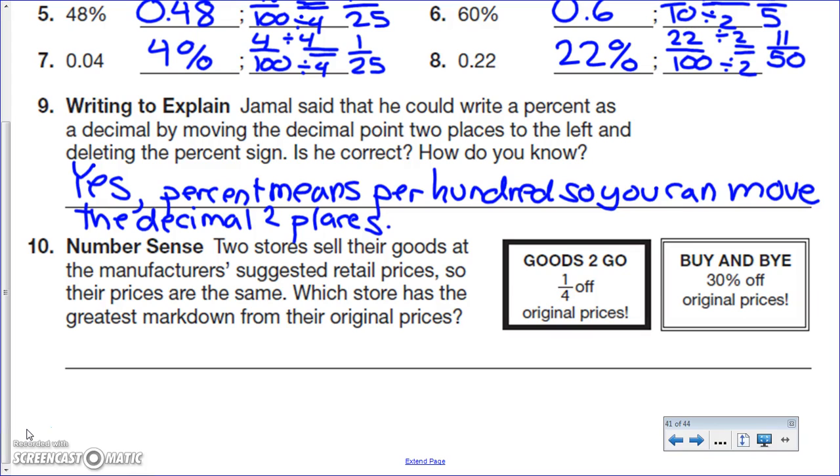So the first thing we need to do is get it up to 100. So we know if you multiply 4 by 25, you get 100. So we're going to do that to the numerator as well to get our fraction up to hundredths before we turn it into a percent.